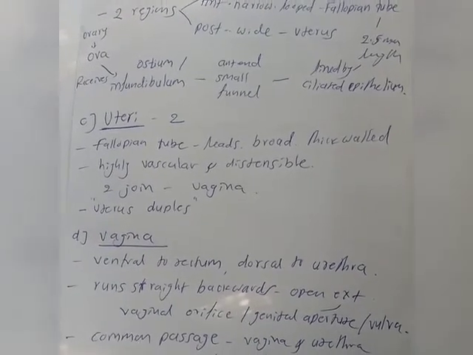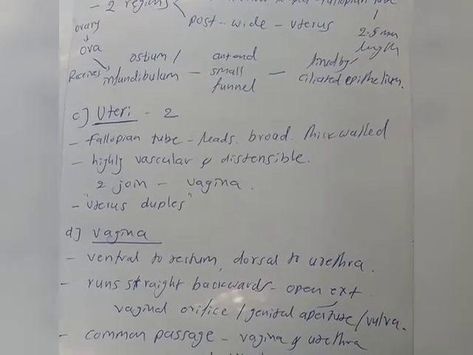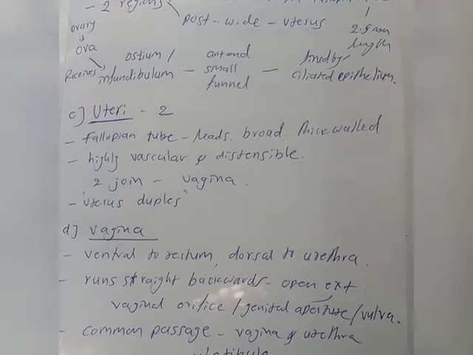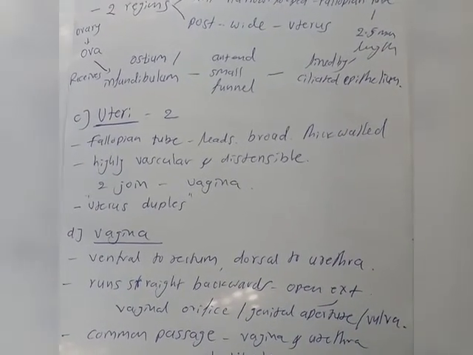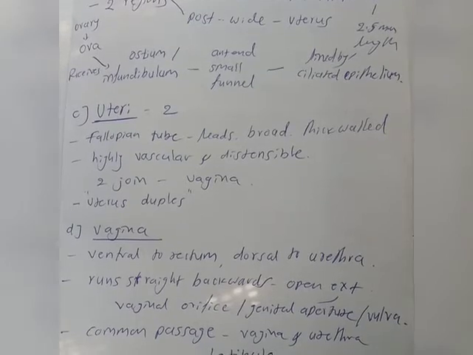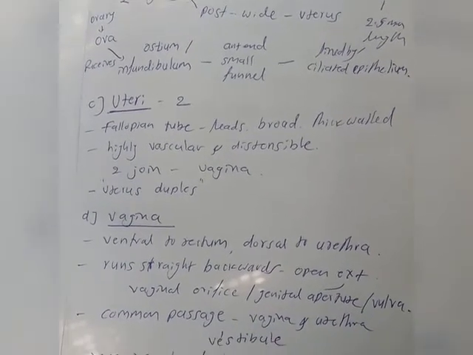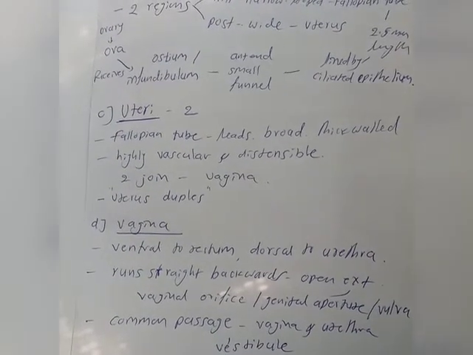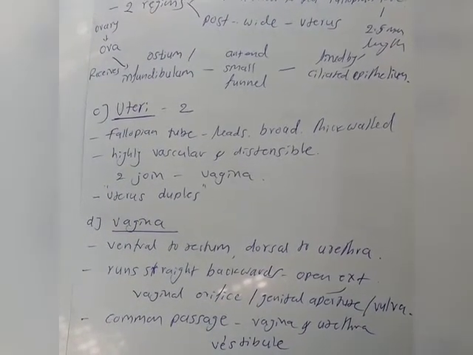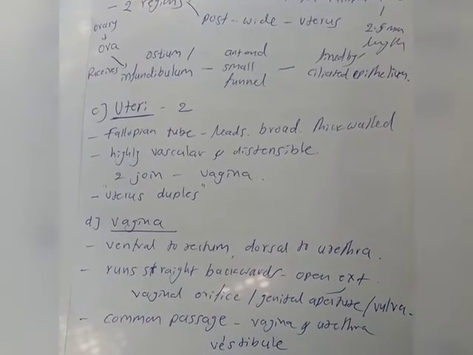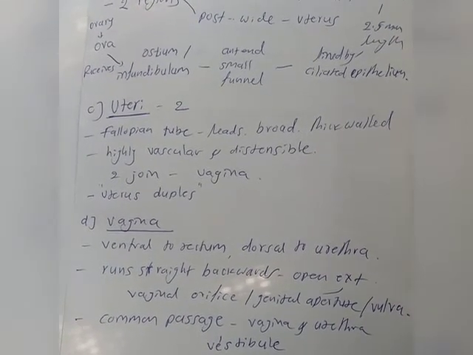The opening of vagina lies immediately posterior to the opening of the urethra. The vagina and urethra together form a short common passage called the vestibule. The vagina remains closed by a membrane called hymen until the beginning of puberty.